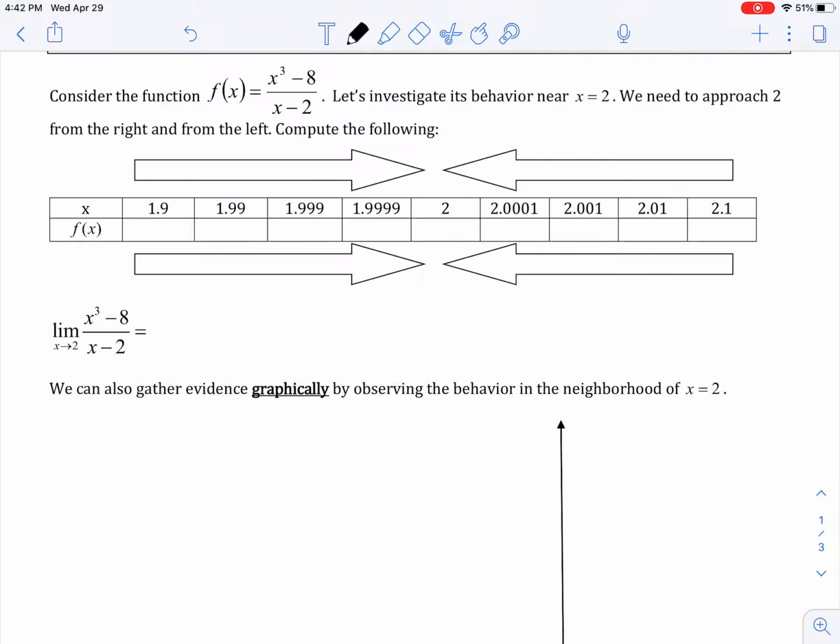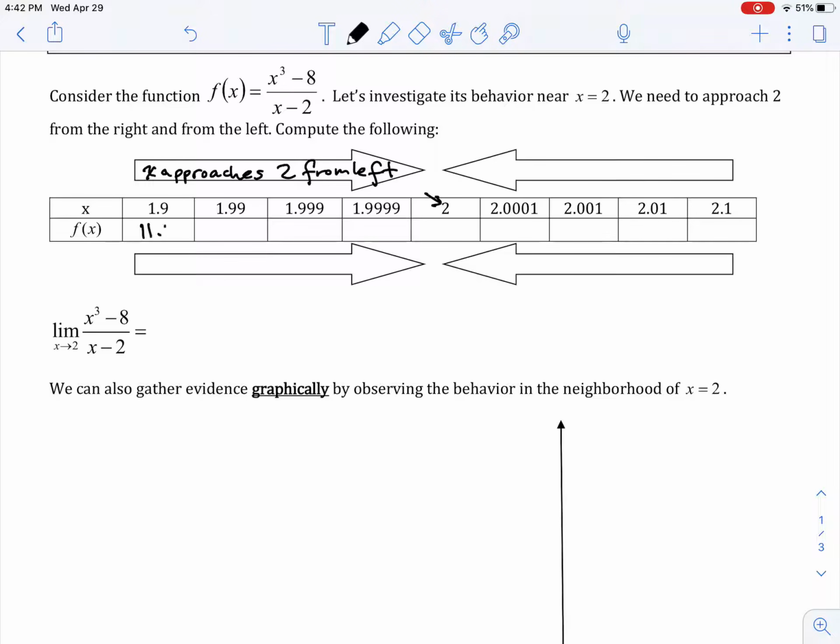Okay, so if you went ahead and filled out the table, what we're asking ourselves right now is, as x approaches 2 from the left, in other words, as we're getting closer and closer to 2, look at the x values that precede it. We're looking at 1.9, 1.99, 1.999. So we're getting really, really close to that 2 value from the left side.